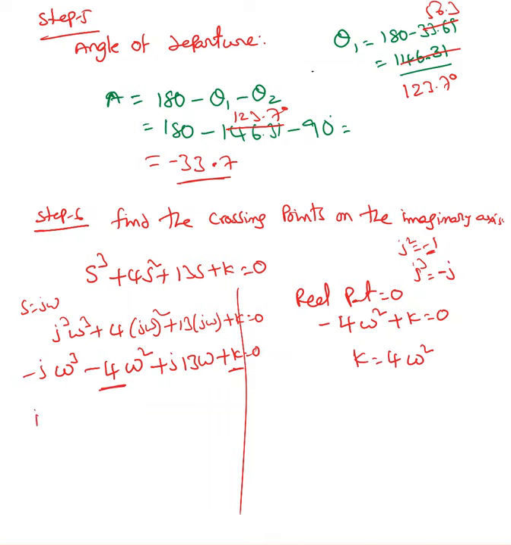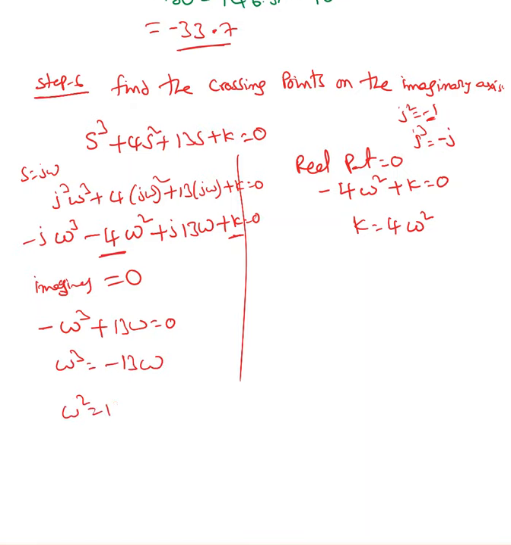Here make the imaginary part equal to 0: minus omega cube plus 13 omega equal to 0. So omega cube equals 13 omega, so omega square equals 13. If I substitute it here, k equals 4 times 13, which is 52.